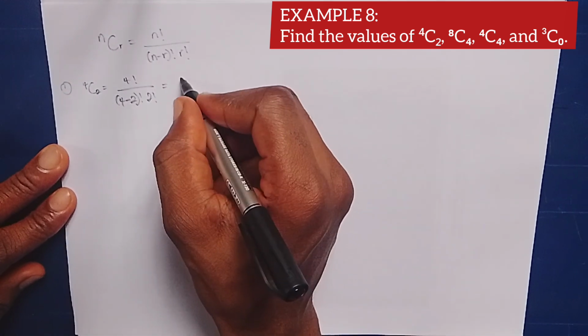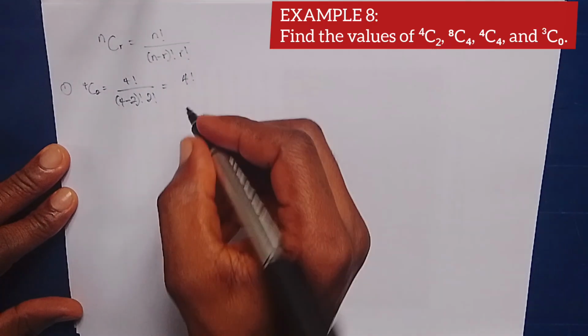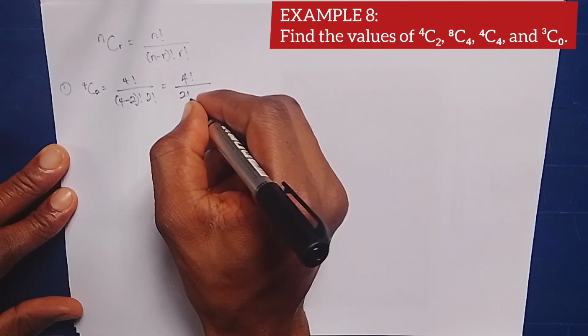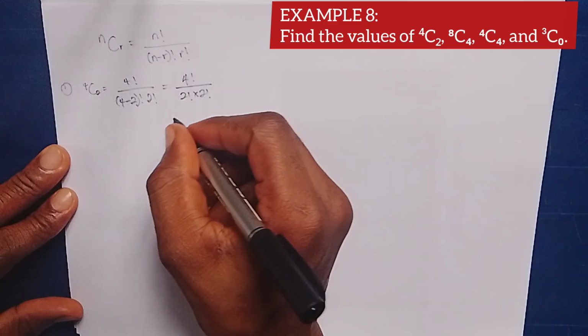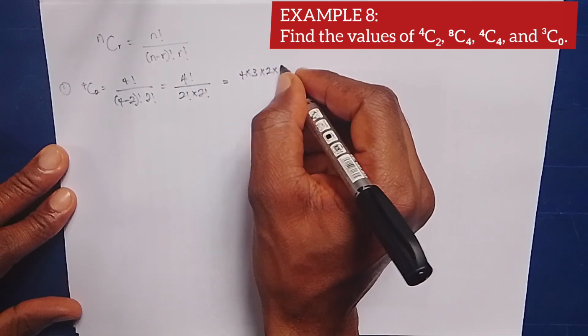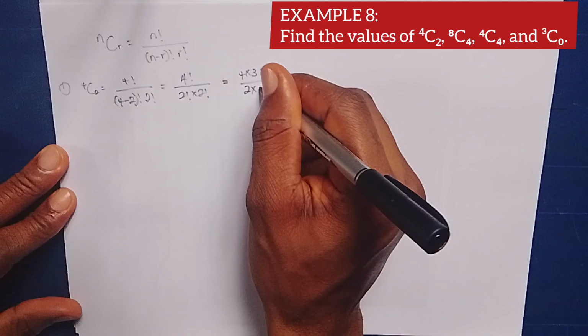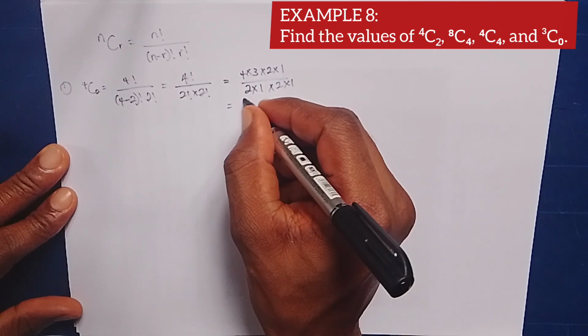This is equal to 4 factorial over 2 factorial times 2 factorial. This is equal to 4 times 3 times 2 times 1 over 2 times 1 times 2 times 1. All of that is equal to 6.